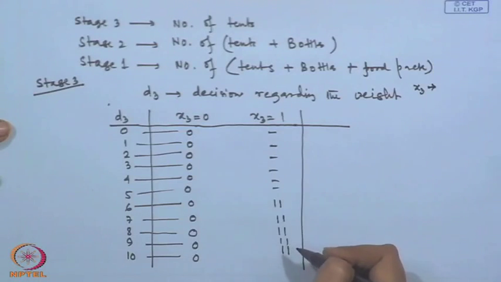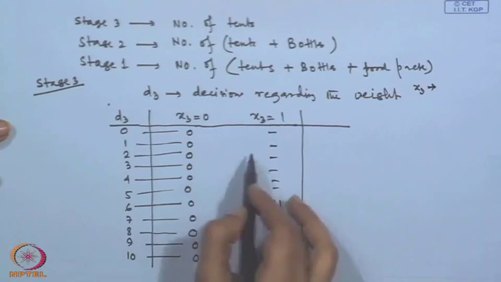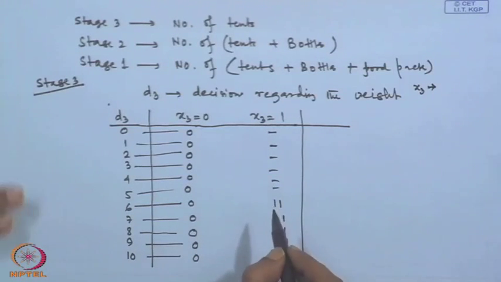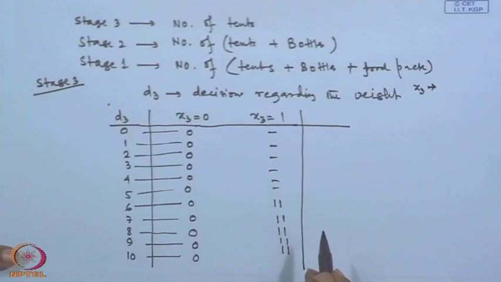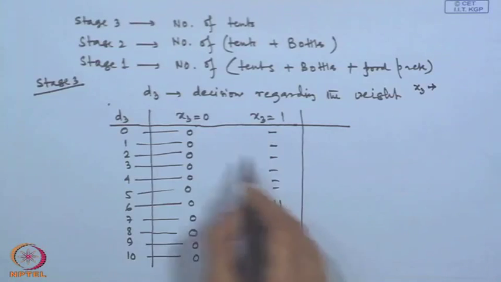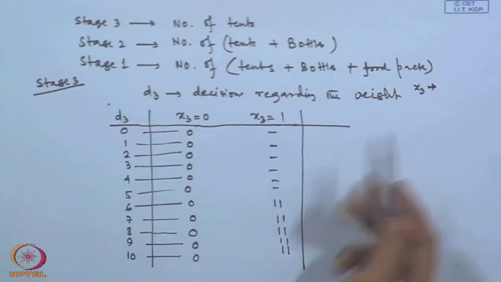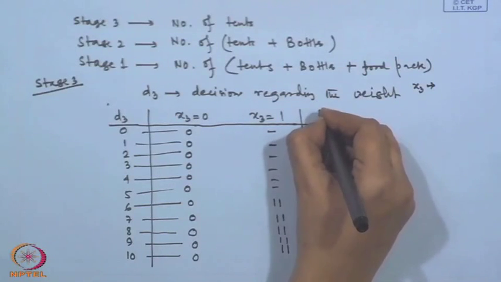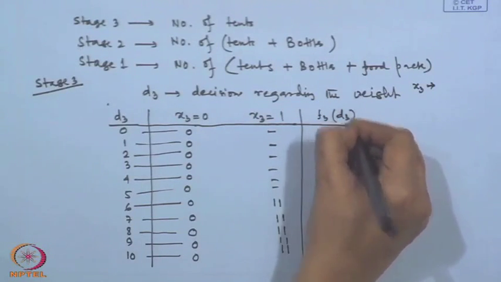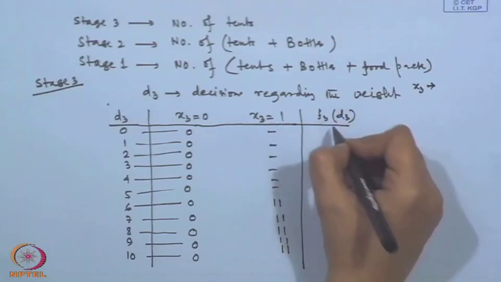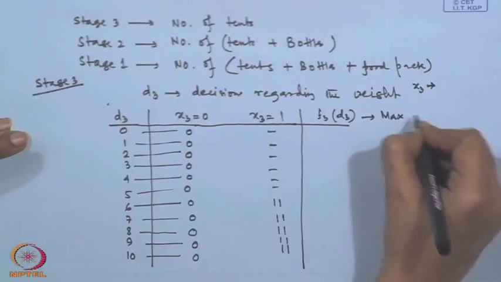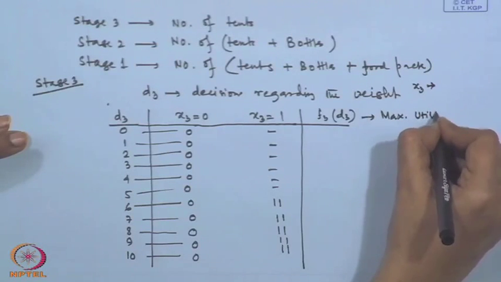If this is the case, there are only one option in each case, but it is not happening for other stages, because once we are moving to the further stages, we will see that situation will be much more complicated. In that case, we have to select the higher utility value, that is our objective. Thus, we can say that F3 is the objective in the stage 3, which is the maximization of the utility value.